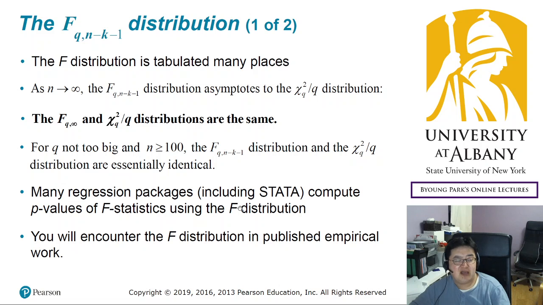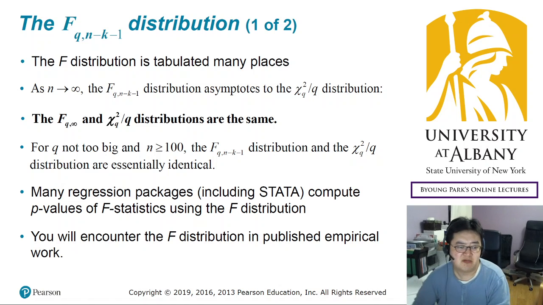I think the chi-square distribution is better, but the F distribution is not much different, so we don't need to worry too much about this. The conclusion is that you don't need to know the F distribution in this course, but it is still used in some textbooks and programs. You may just think of it as a kind of chi-square distribution, so there is no problem even if you don't know it.